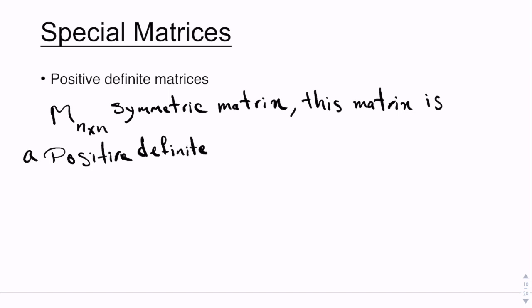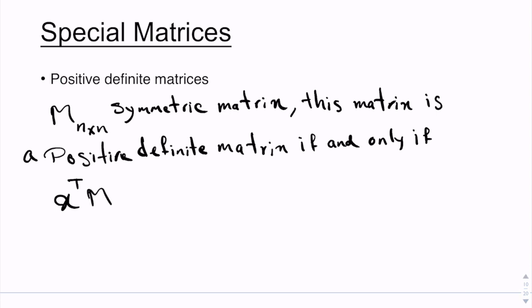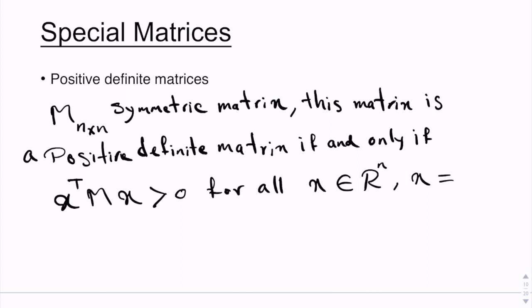if and only if X transpose M times X is always positive for all X that belongs to Rn, where X is not 0.